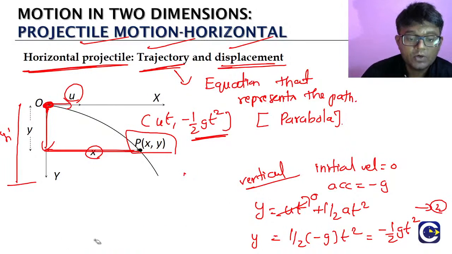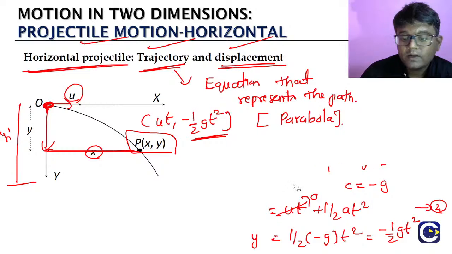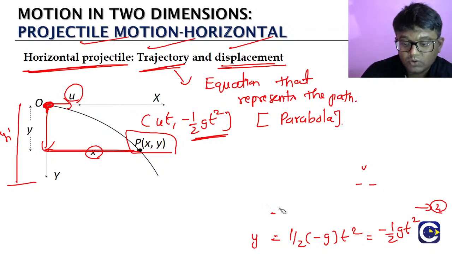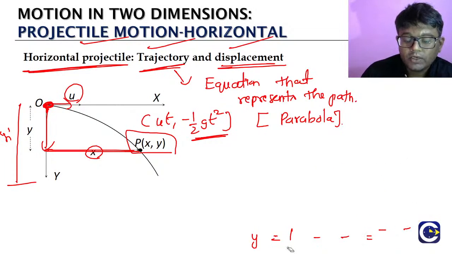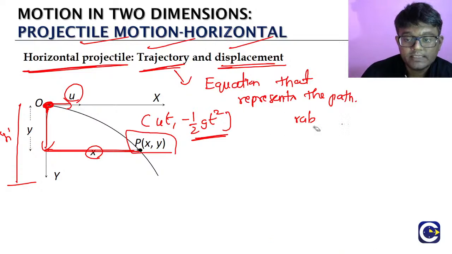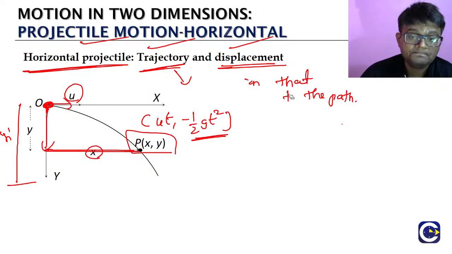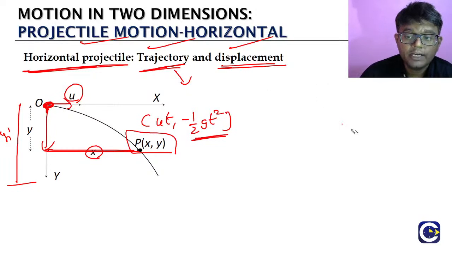Okay, if you want to find out the displacement, how do you tell the displacement? From origin, which is 0 comma 0, you are coming up to the point. The coordinates of the point P at time t is ut comma minus half gt square.